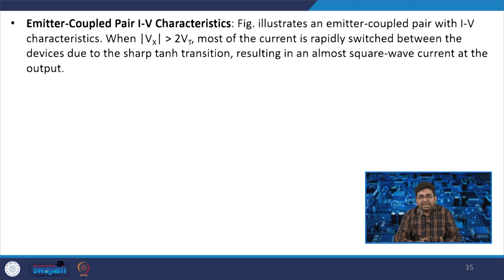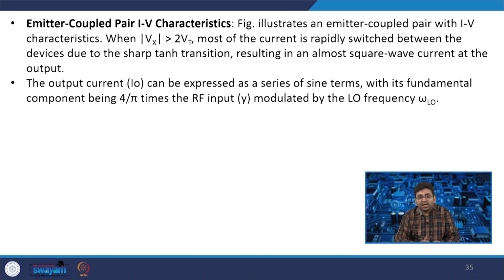So, if we use the same thing we have discussed, the ideal switch, and the square wave is applied, your output current IO can be expressed as a series of sine terms with the fundamental component being 4 by pi times the RF input modulated by the LO frequency omega LO.